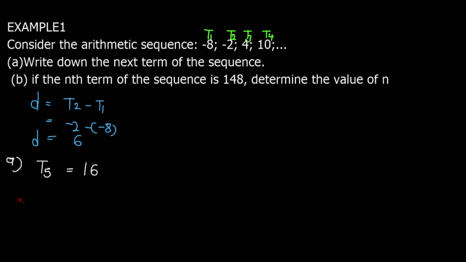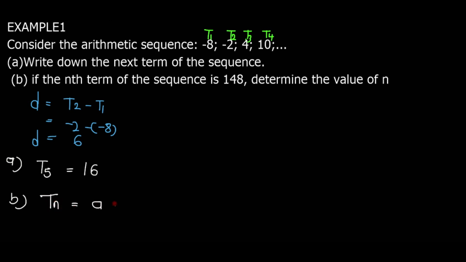Let's go to number B. If the nth term of the sequence is 148, determine the value of n. We know that for an arithmetic sequence, we have the nth term formula. So, they gave us the nth term, which is 148. So, we want that nth term formula.